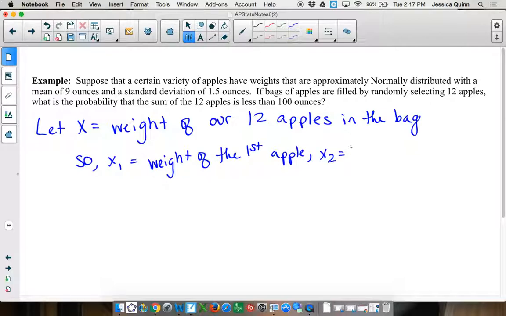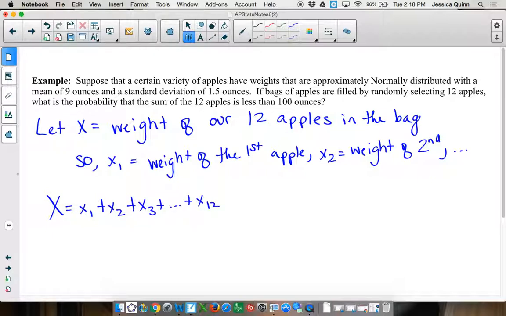X2 could be the weight of the second, and so on. So that means that X is going to be X1 plus X2 plus X3 all the way up to X12.